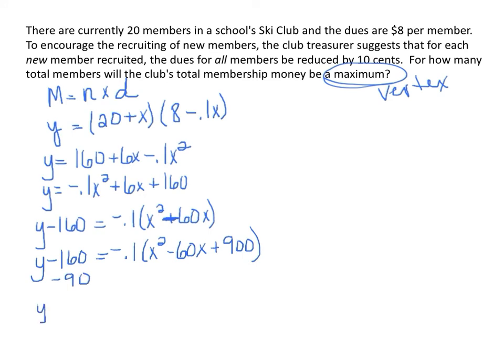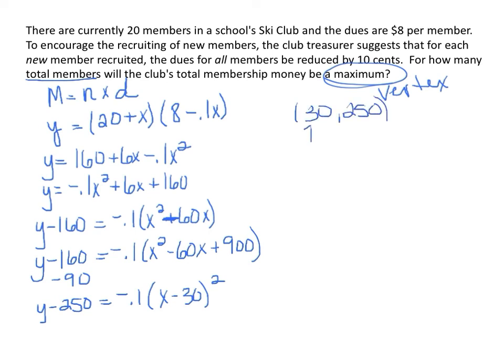So here I have y minus 250 is equal to negative 0.1 times x minus 30 squared. I'm looking for the vertex, and actually it says for how many total members. Lots of us are going to say, oh, well, the h value is 30, so for 30 members. That is correct. The vertex here is 30, 250.